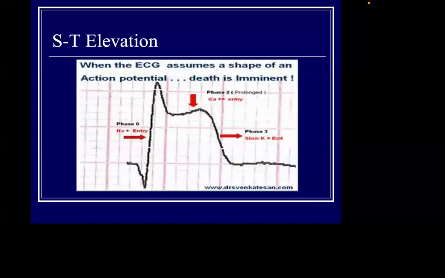In hyperkalemia, it is also tall, but the base is narrow and symmetrical. Usually the ascending limb and the descending limb are symmetrical, and we will discuss this separately in the electrolyte abnormalities in the ECG later on, inshallah.